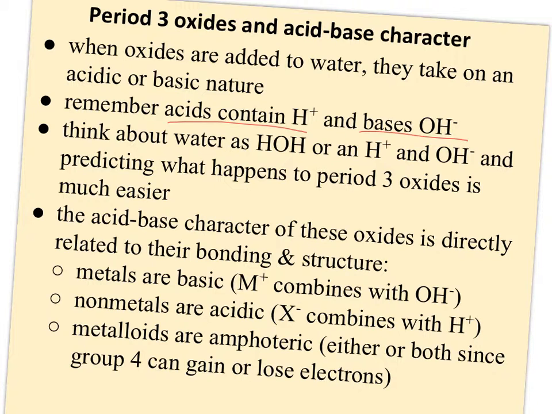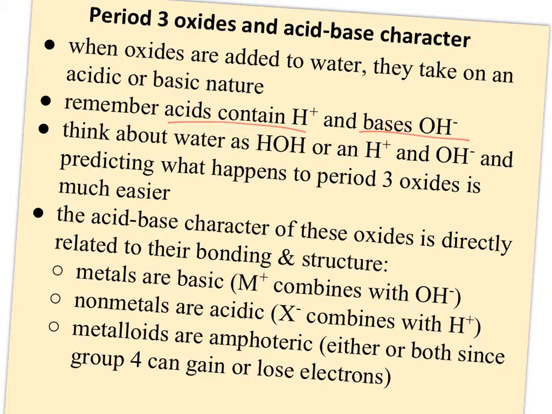Okay, the acid-base character of these oxides is directly related to their bonding and structure. Because metals have M+, when they break off from their ionic compound, they're going to have to combine with the anion, or the OH part of the water molecule. Nonmetals come off with a negative charge.